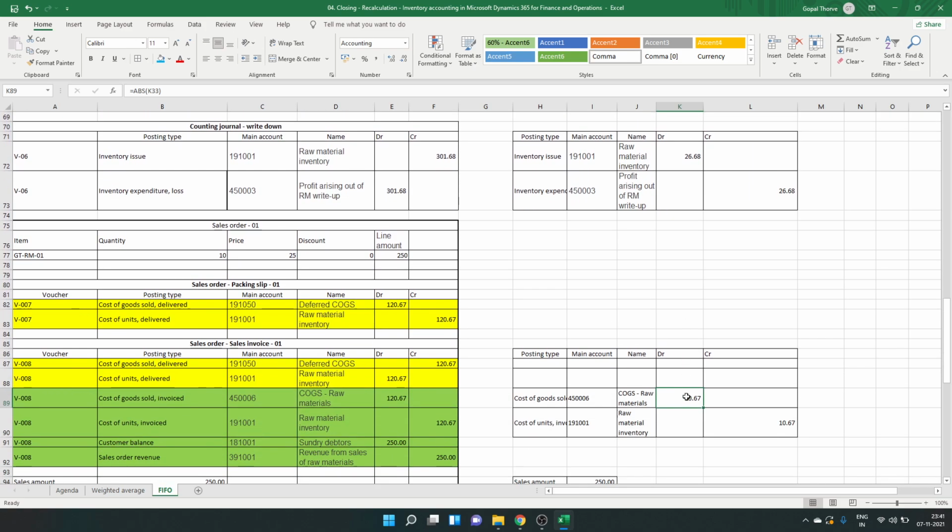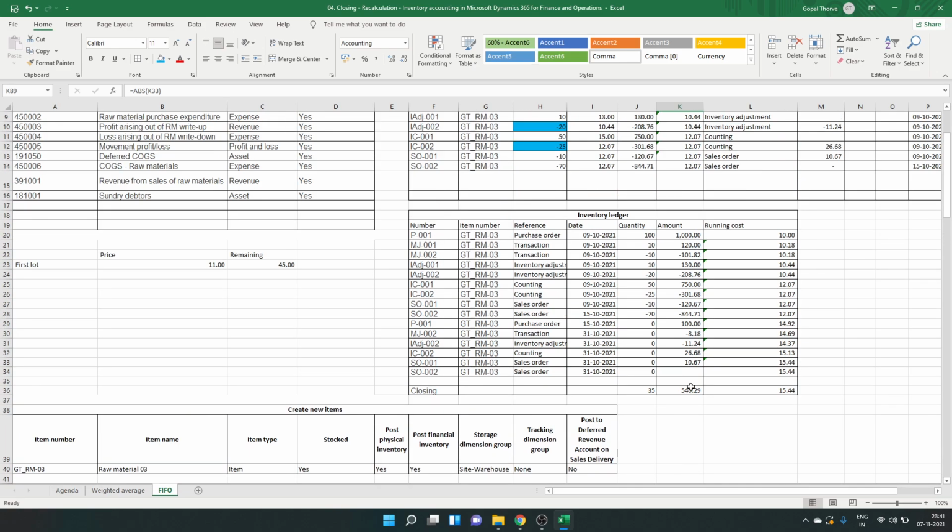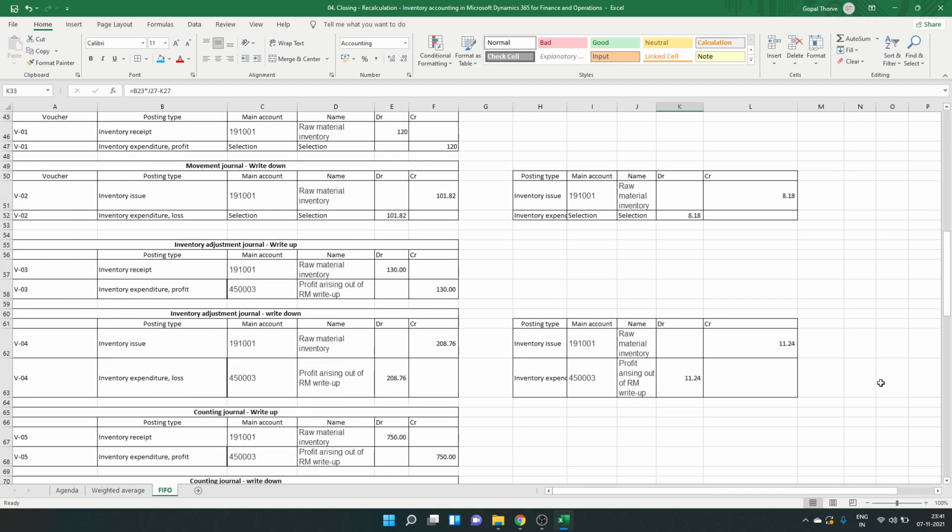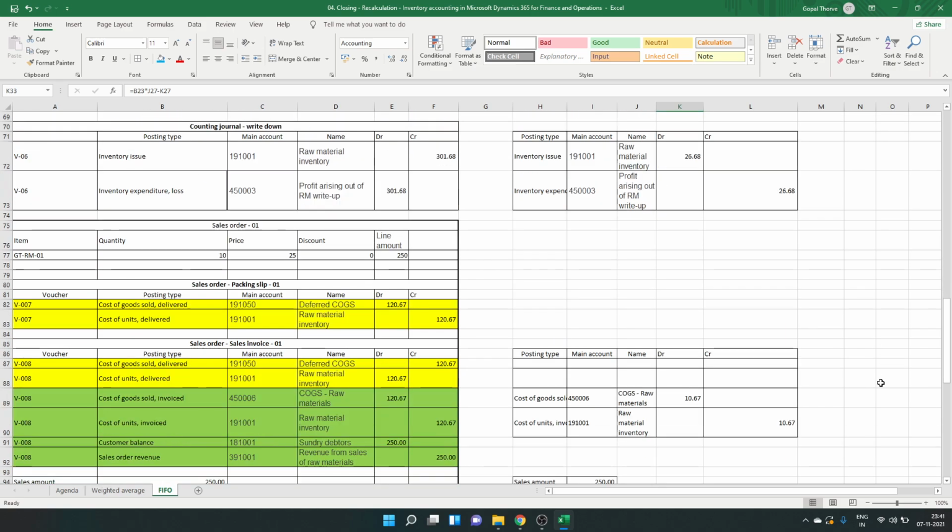Okay, so now again there will be a problem with the voucher. So 10.67 is getting debited back to inventory. Yeah, so formula is again incorrect here.